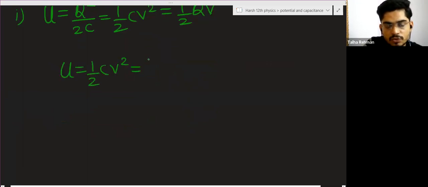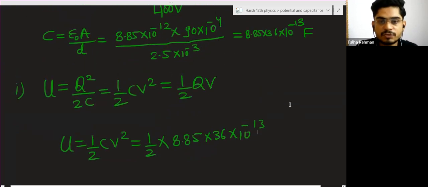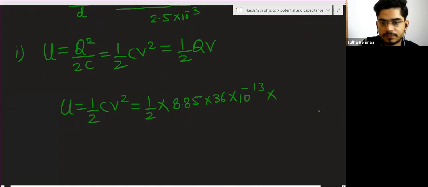So half C is given by 8.85 into 36 into 10 to the power minus 13, and V square is 400 square. This is voltage V, 400 square.